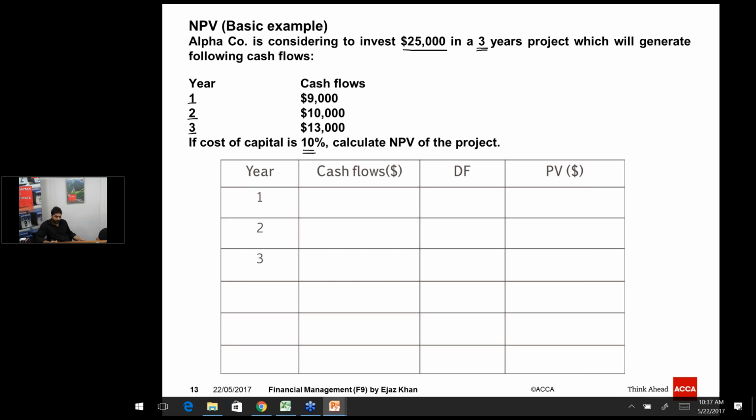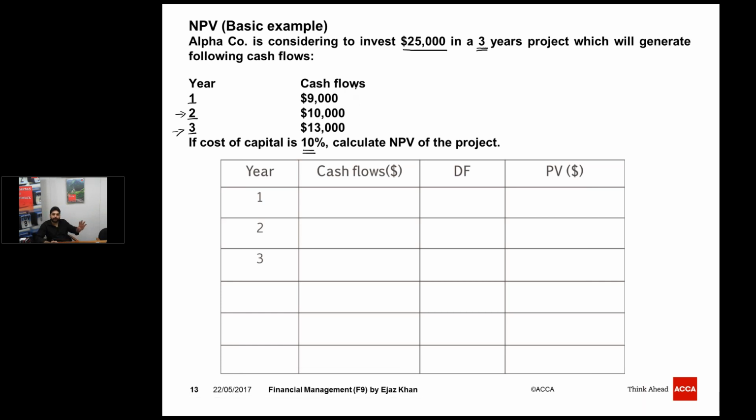How will we solve it? Let us solve it in pieces. Forget about the cash inflows after the year 2 or after the year 3. Just consider the first year cash inflow. And suppose this is a 1 year project. And after 1 year, we are going to receive $9,000 cash.